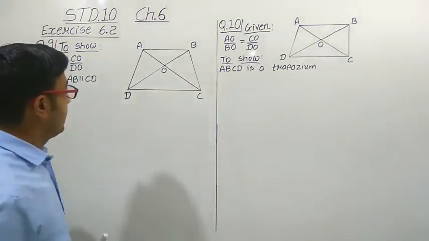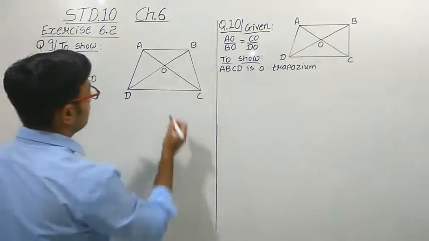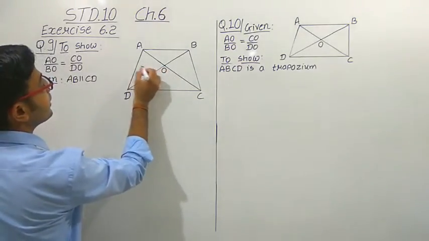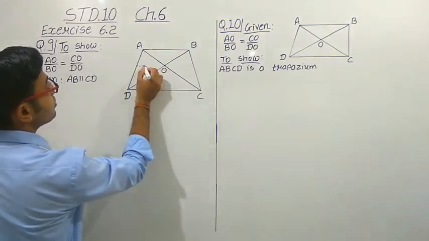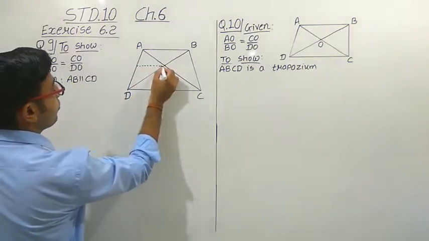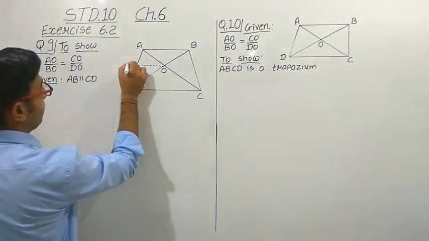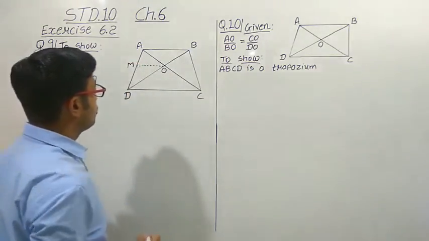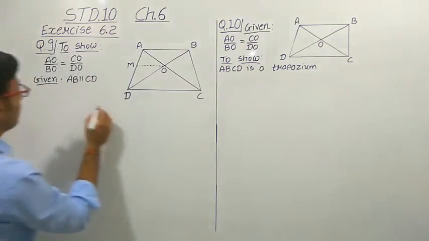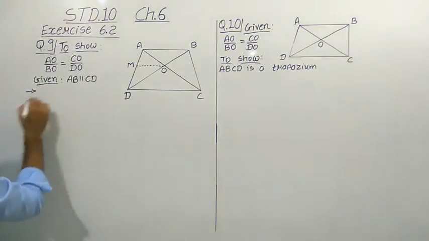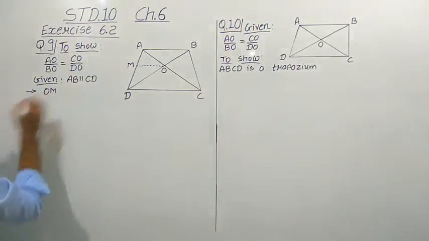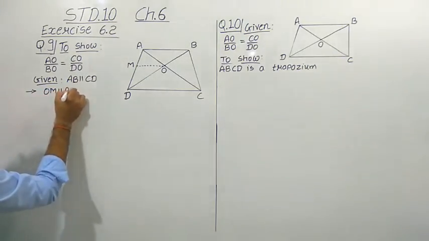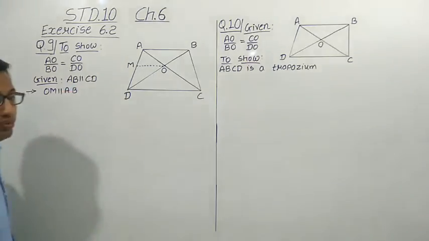Understand? Okay. Now let us draw a line that passes through O and give it the name M. We draw a line OM, and let's suppose OM is parallel to AB.